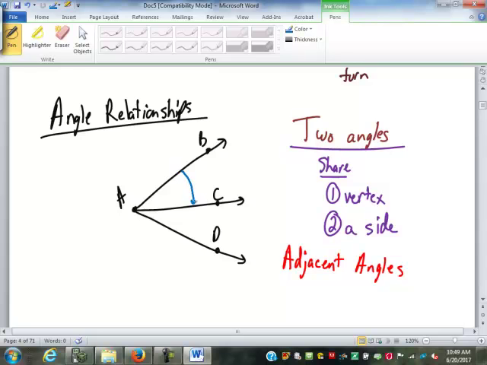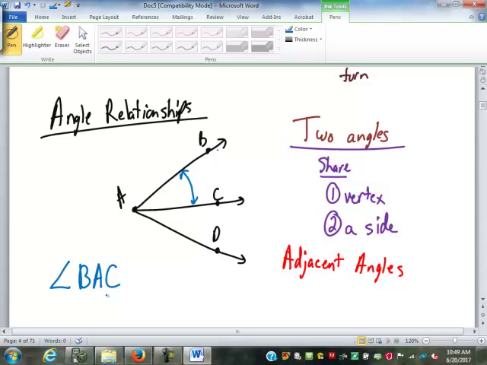If I were looking at this angle here, first of all, how would I specify that I'm looking at that angle? We name one of the sides, or a point on one of the sides. Then we name the vertex, which is A. Then we name a point on the other side. So I could call that angle BAC or angle CAB, either one.